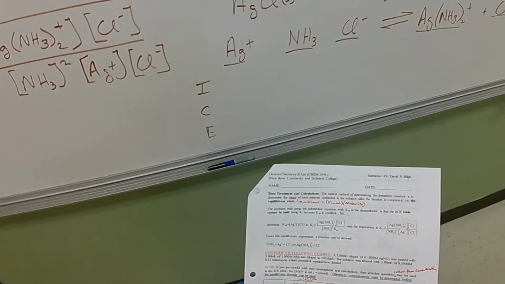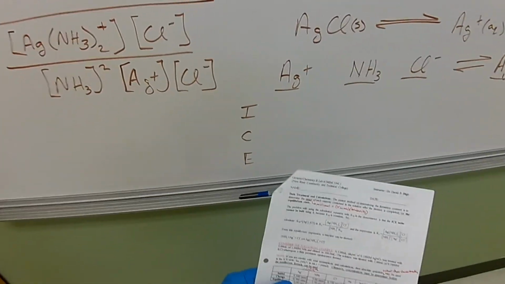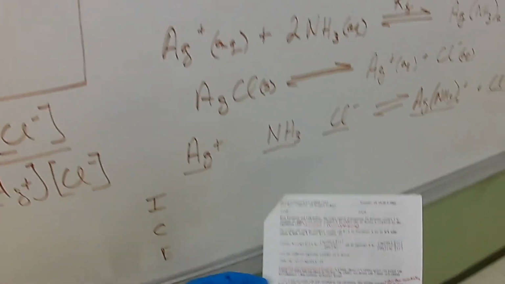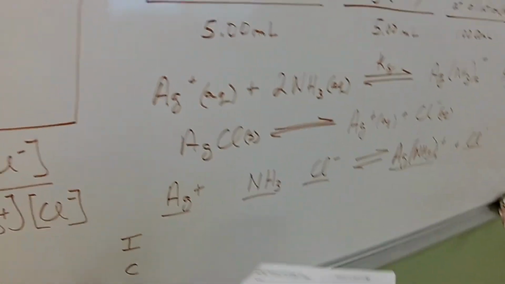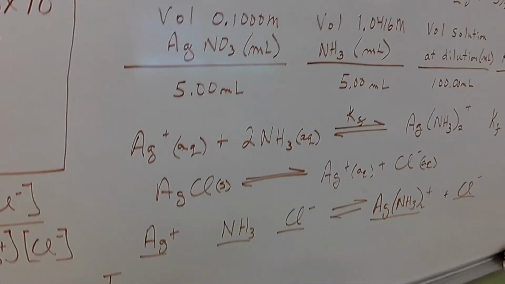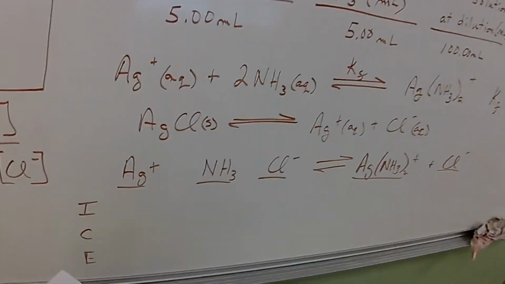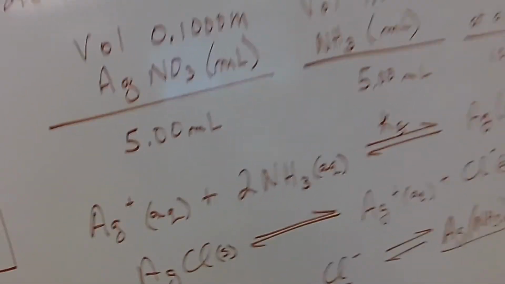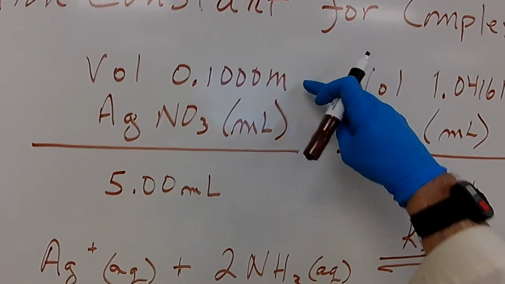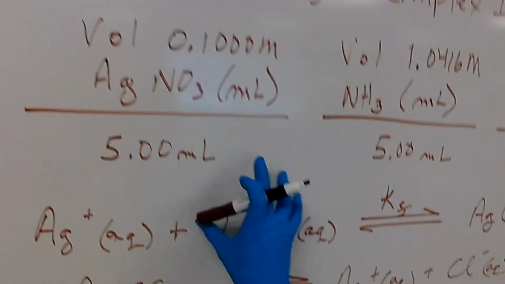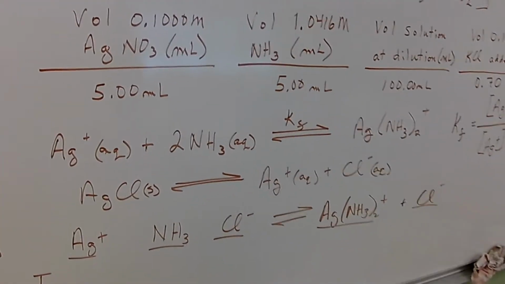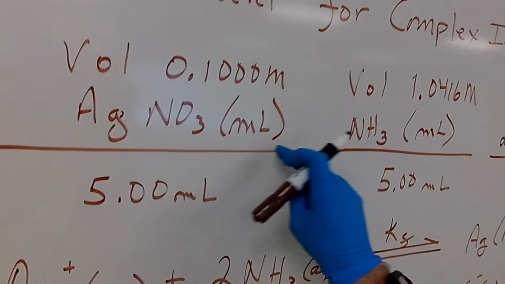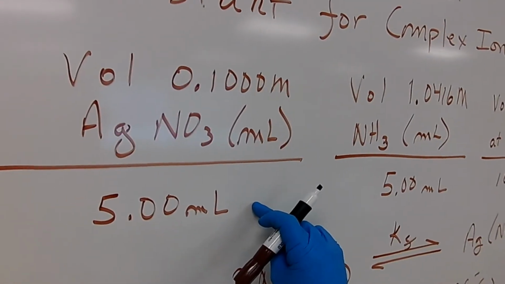Okay. So in your example, the values for the absolute amounts are in millimoles. Now, why do I use millimoles? For convenience. If you multiply the molarity times the milliliter, you get the millimoles, right? If you multiply molarity times liters, you get moles.